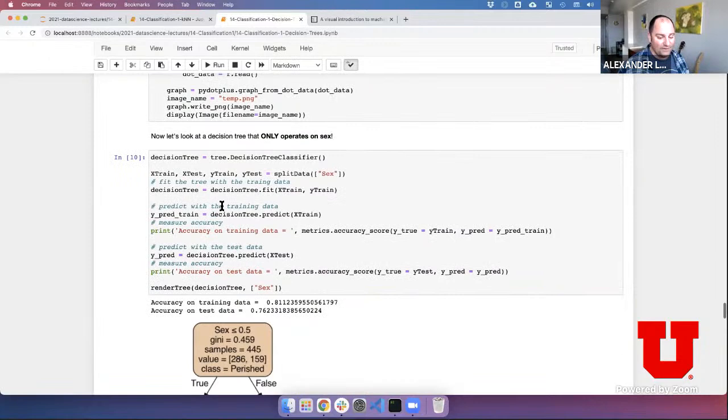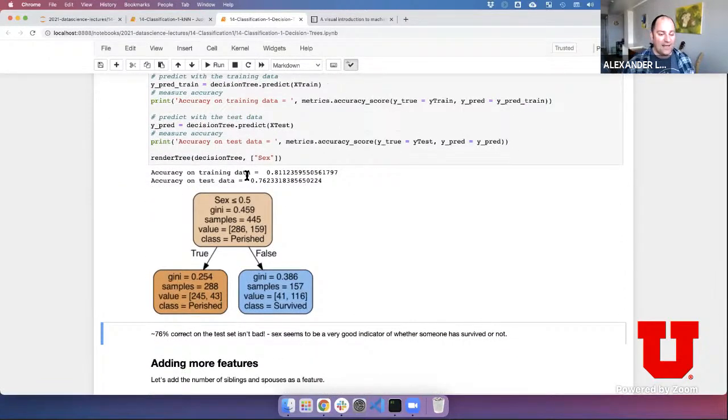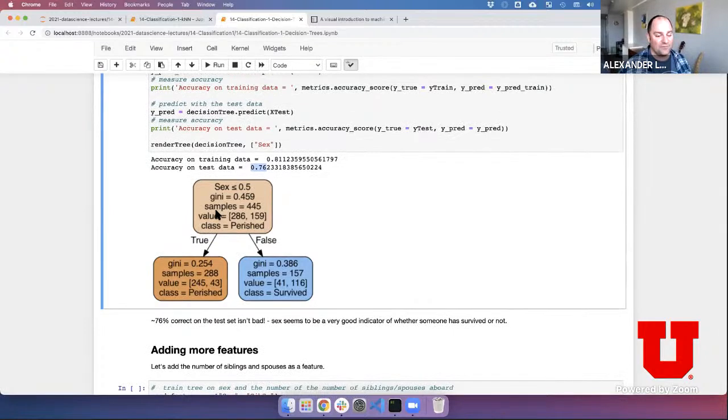Okay, so if we do that, we get a decision tree with an accuracy on the training data set of 0.81 and an accuracy on the test data set of 0.76, which, just using a single variable, is already pretty good. And we've already learned earlier that sex is a good predictor. So you can read this tree now.